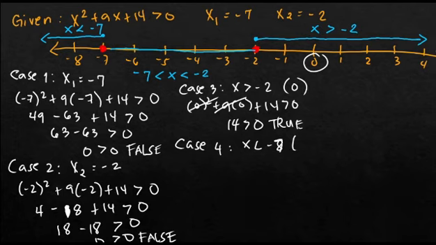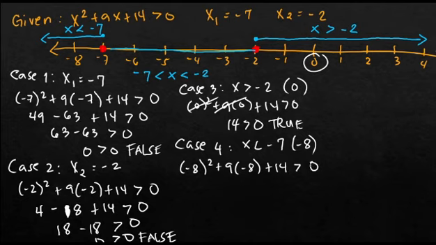Negative 7 pala. Sorry. Wait lang. So, x is less than negative 7. Tapos, ang gagamitin natin is negative 8. Yung pinakamaliit na lang. Nasakop nung x less than negative 7. So, substitute natin yan. Negative 8 squared plus 9 times negative 8 plus 14 greater than 0.